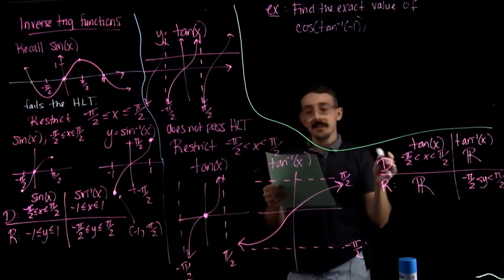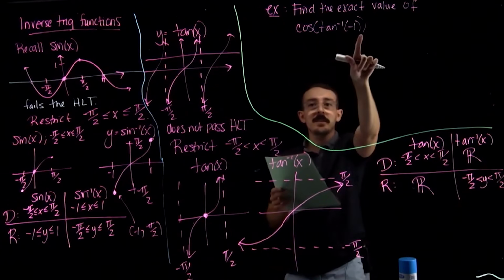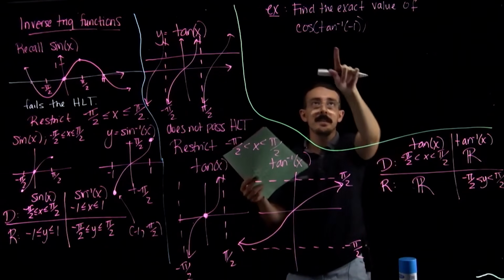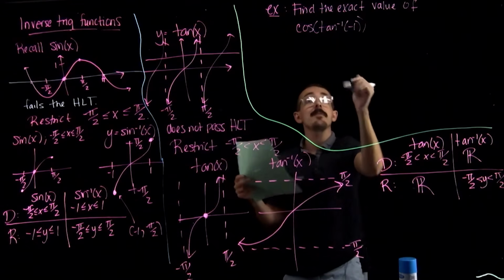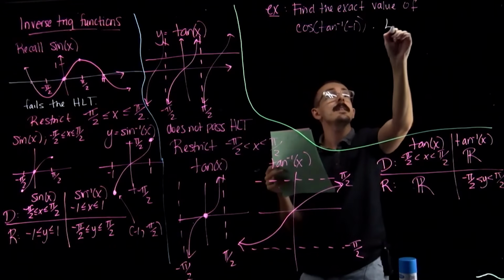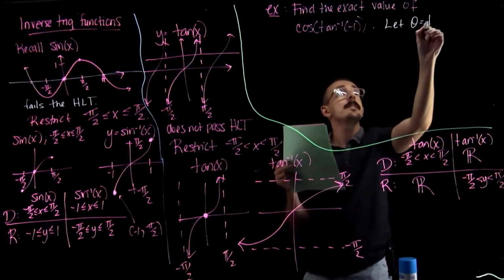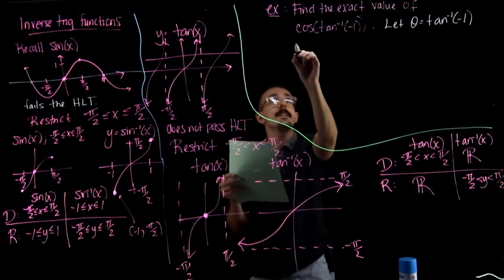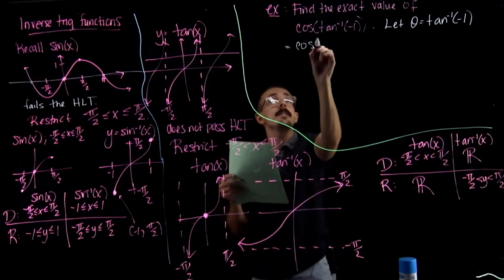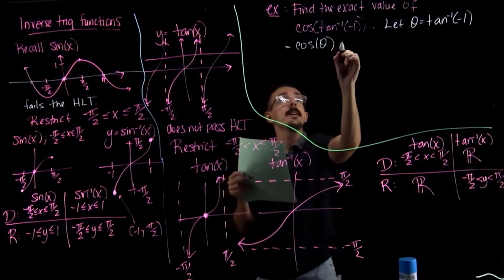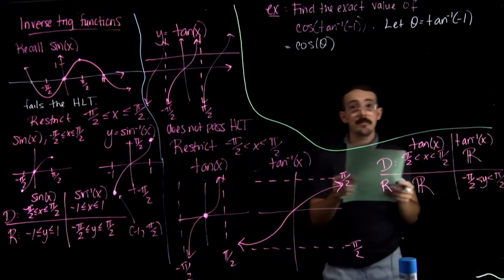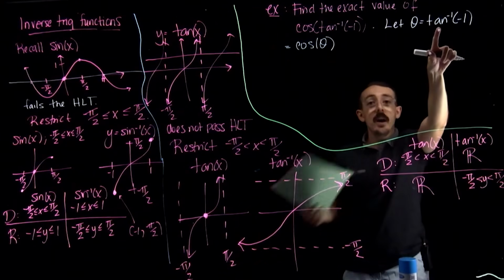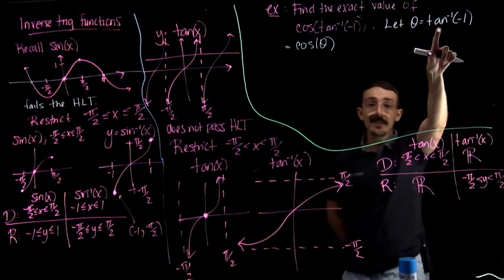All right, so first thing I like to do is I like to call my inverse function in here theta, because the inverse of something is actually the angle it came from. So I'm going to say let theta be tangent inverse of -1. So if I replace that, that's cosine of theta for this. Now, to undo tangent inverse, we take its inverse function, which is tangent.